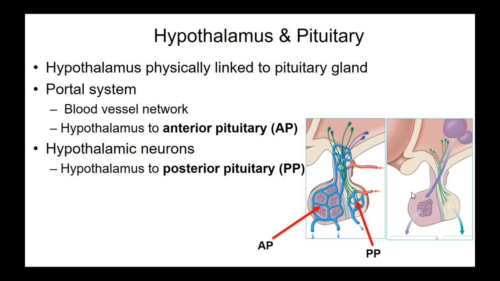And so here, this portal system is kind of like a little bit of a mini highway from the hypothalamus to the anterior pituitary, so that the anterior pituitary can release its hormones into a bloodstream so they can be systemically distributed. Okay?